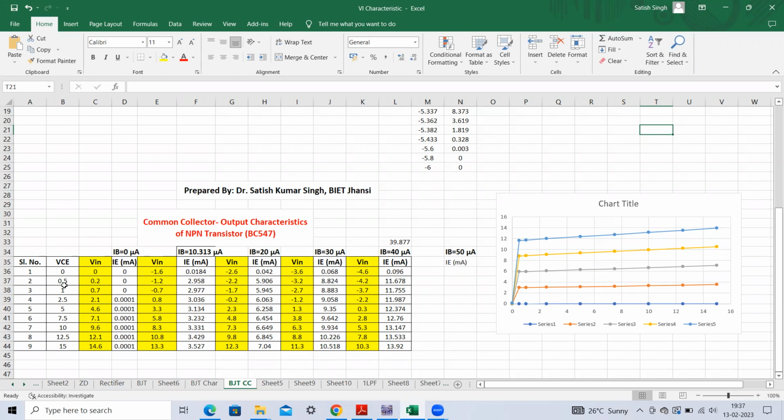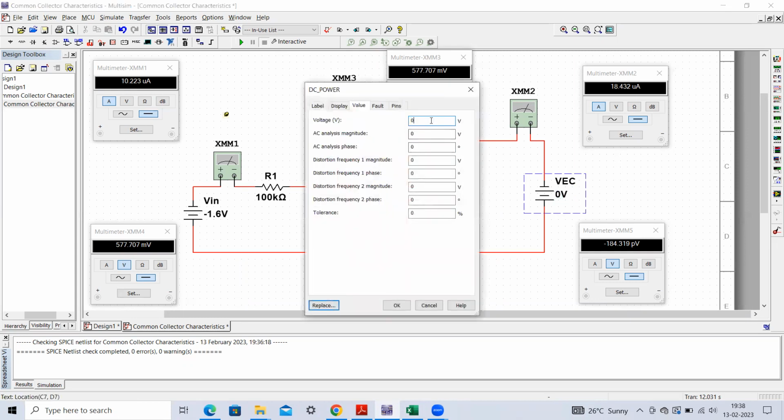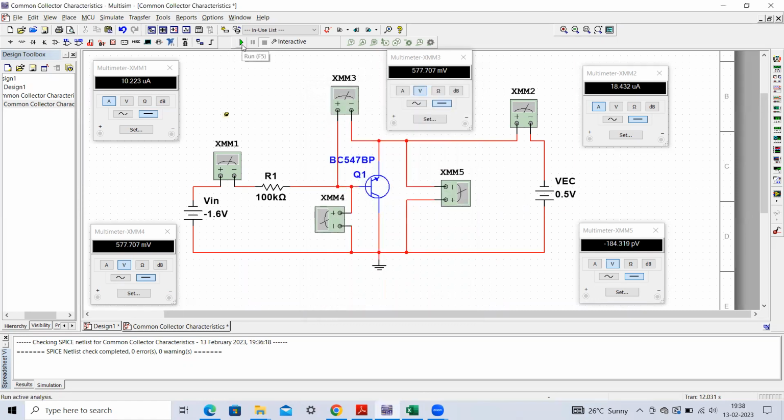You remember one very important point while obtaining the output characteristics: when we change the VCE, this IB will not be constant. Try to observe this. If you make VC equal to 0.5 volt, and it was 10.223 microamperes over here, and now you execute this circuit, you can observe that this base current will change.